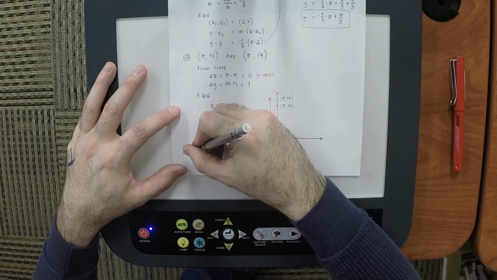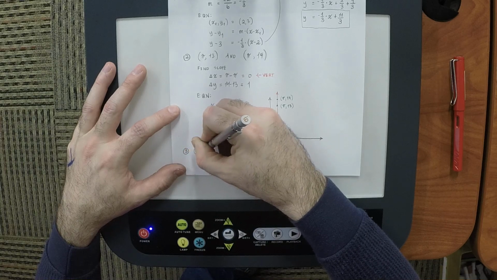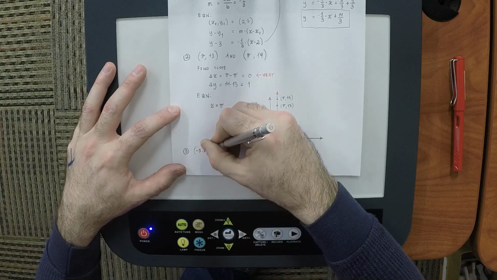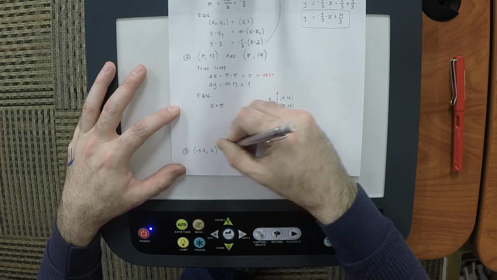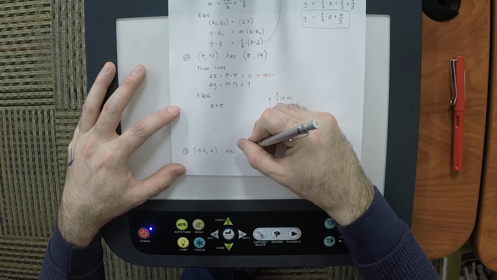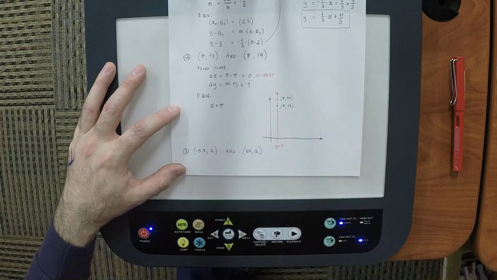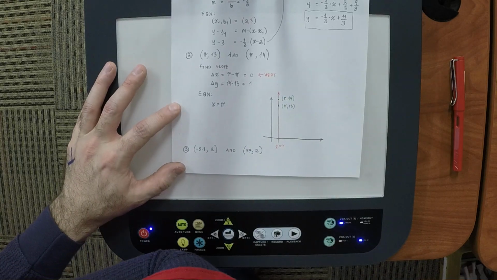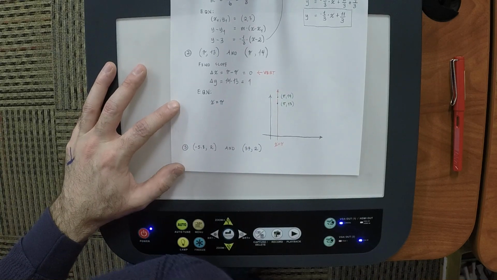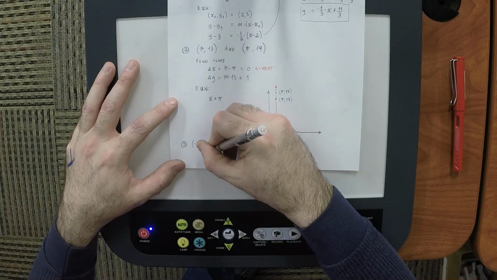So as a third one, how about, I don't know, (-5.8, 2). And how about (37, 2)? Why not? So 2 points there. Again, start out in exactly the same kind of way.